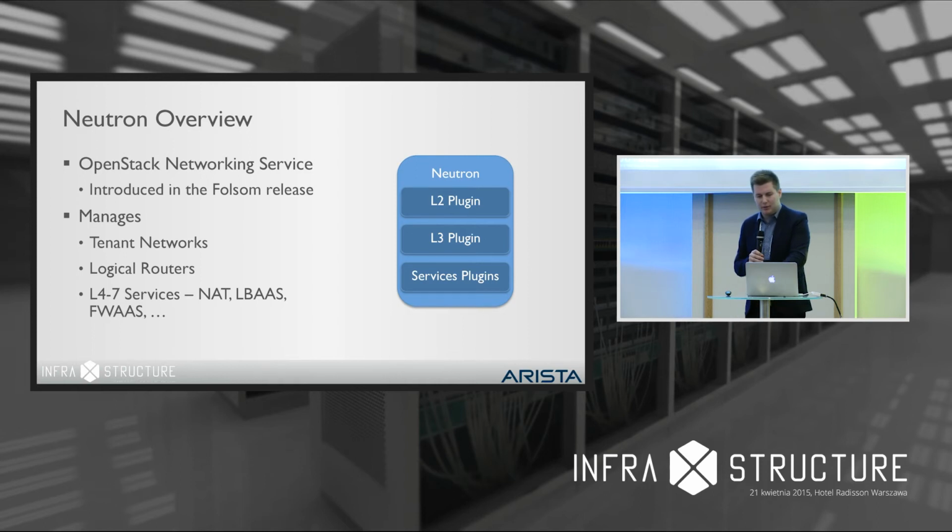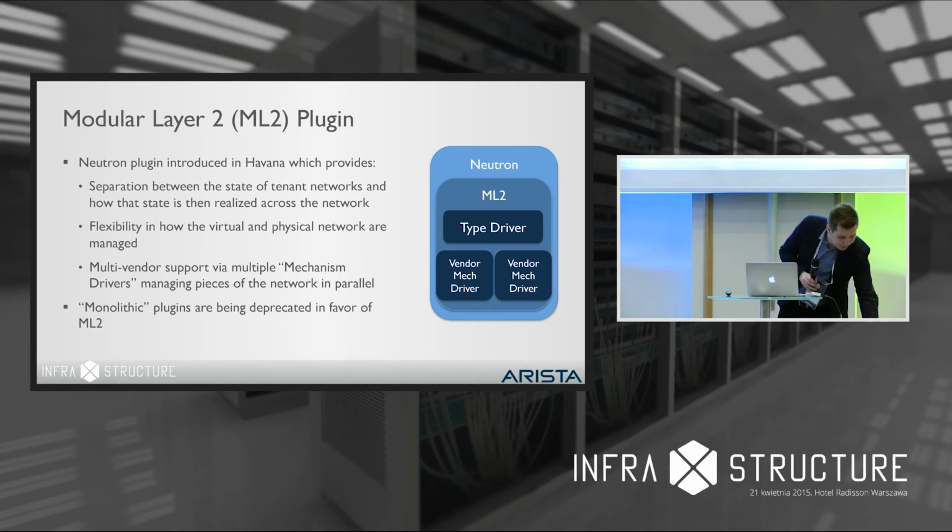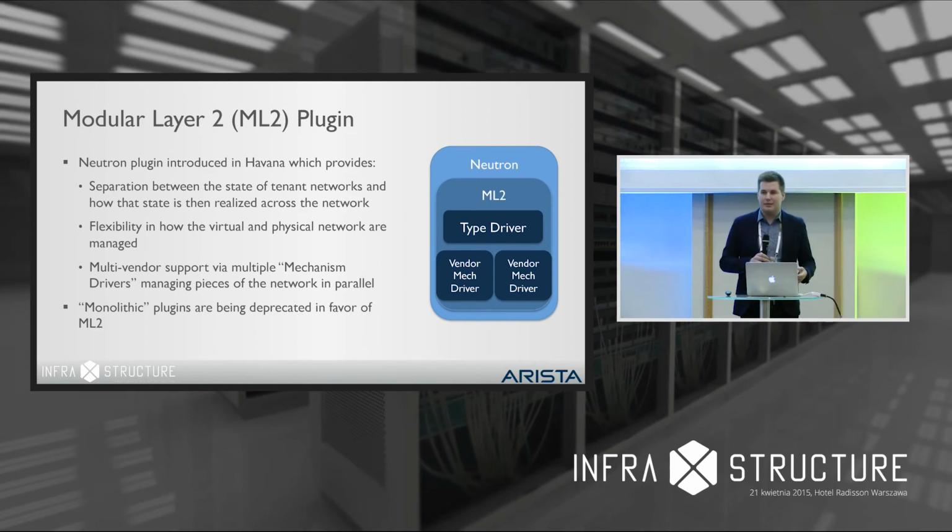The bit I'll be focusing on today, although Arista offers integration with both the layer 2 and the layer 3 plugin, is layer 2. So within the layer 2 part of this, we actually co-authored a driver plugin we called ML2. And this allows the layer 2 part of OpenStack to communicate with network devices, right?